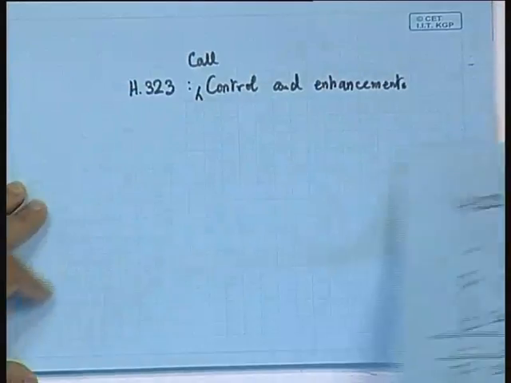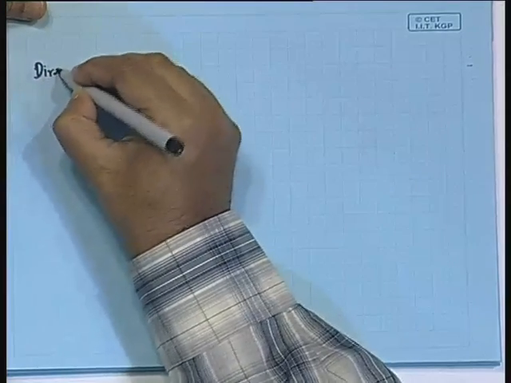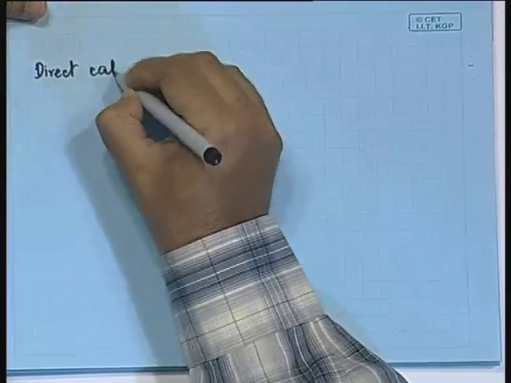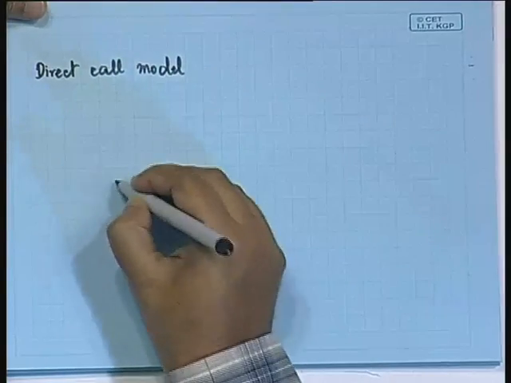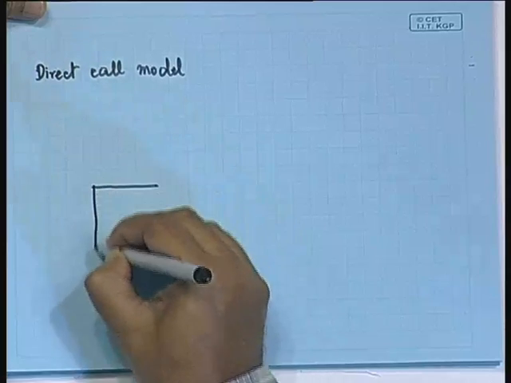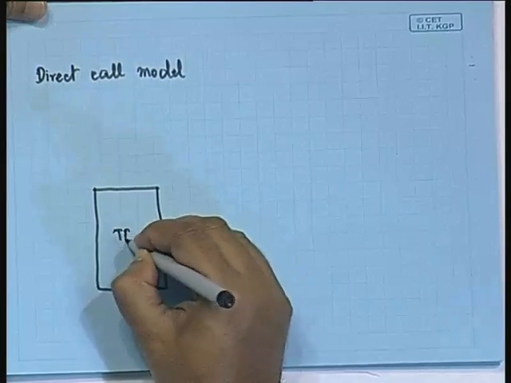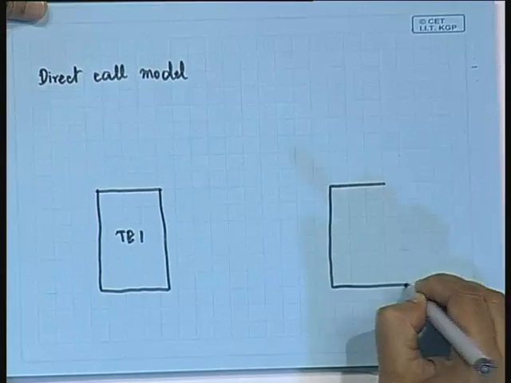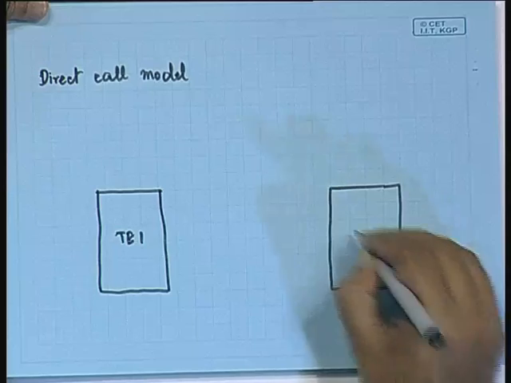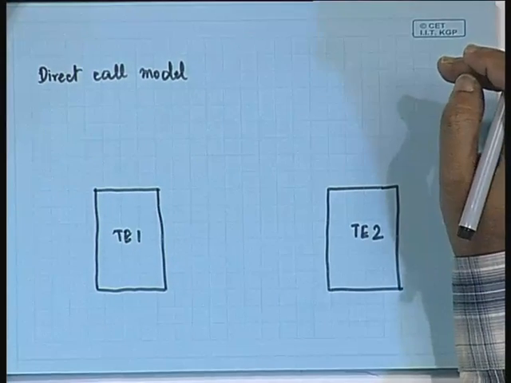One is what we are calling the direct call model. In the case of direct call model, we will take the endpoints. Let us say that this is terminal equipment number 1, and this is terminal equipment number 2, and these two terminal equipments want to have a communication.